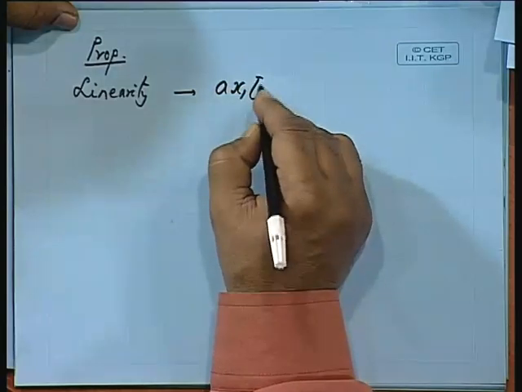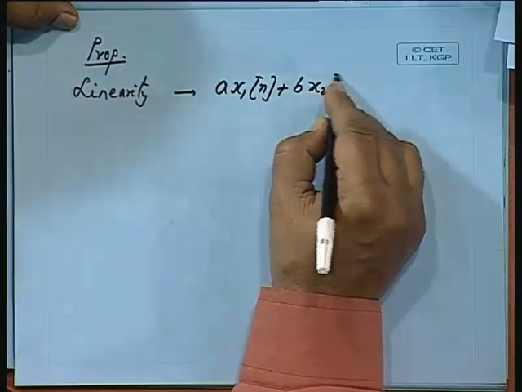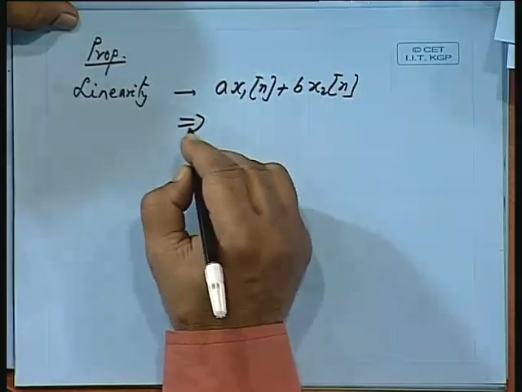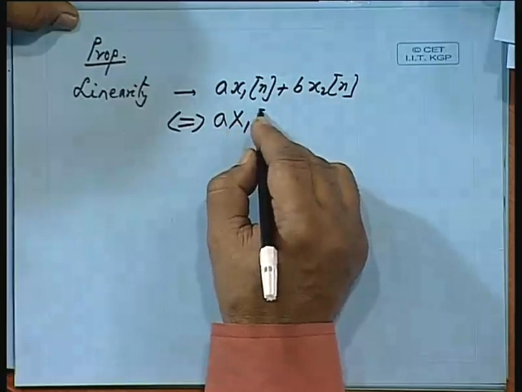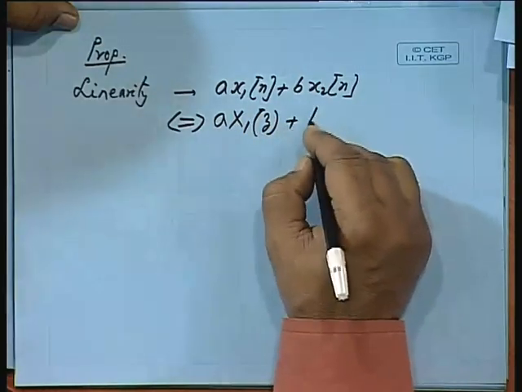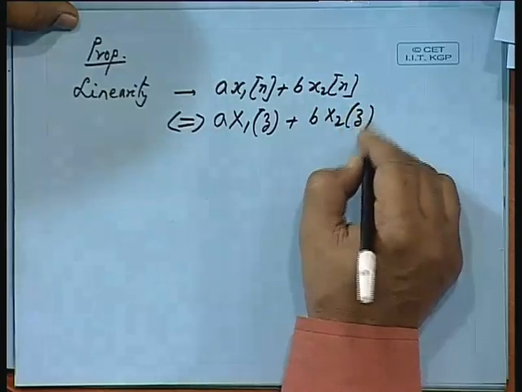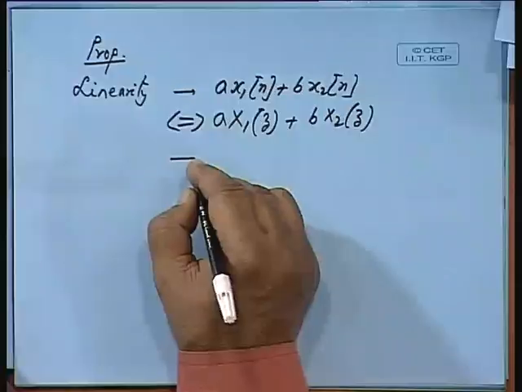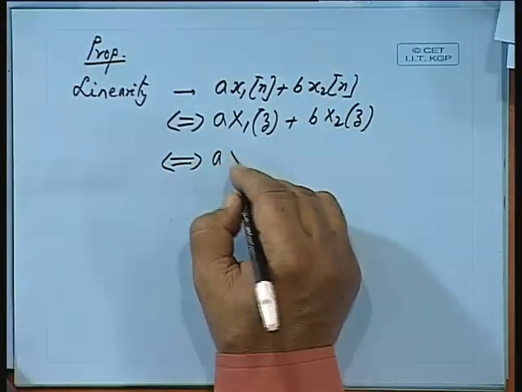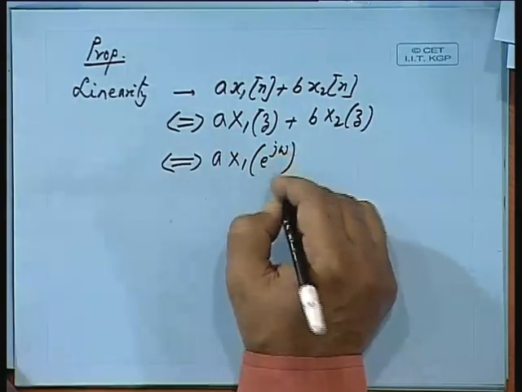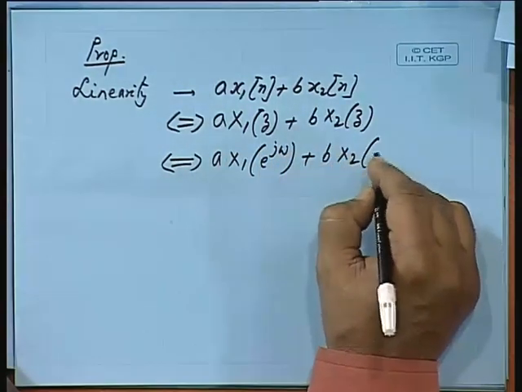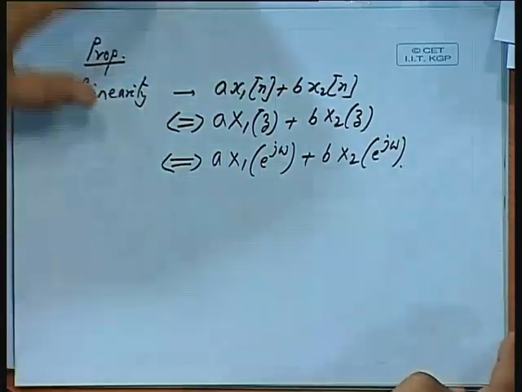A into x 1 n plus b into x 2 n gives me A into corresponding Z transforms x 1 z and x 2 z multiplied by A and B. This we also observed for frequency domain representation, A into x 1 e to the power j omega plus b x 2 e to the power j omega, when we discussed DTFT, discrete time Fourier transform. We will get back to that very soon.